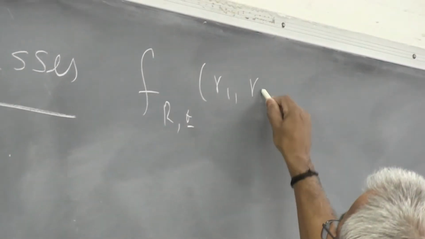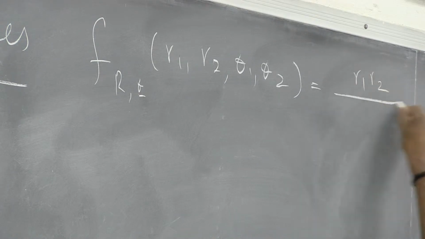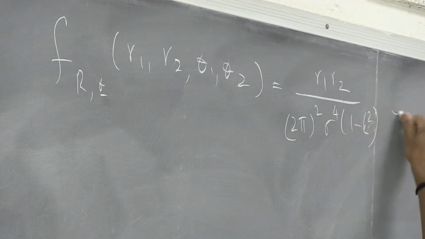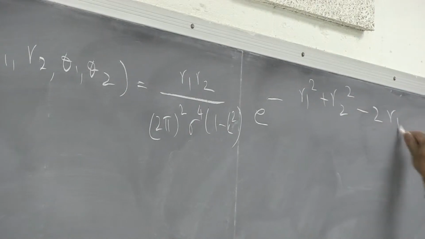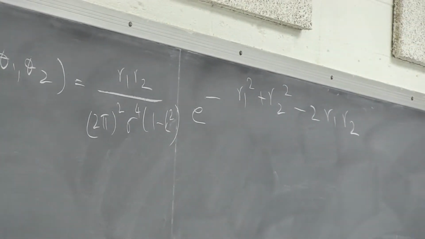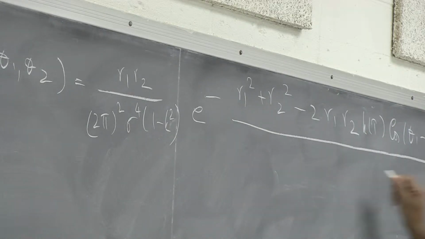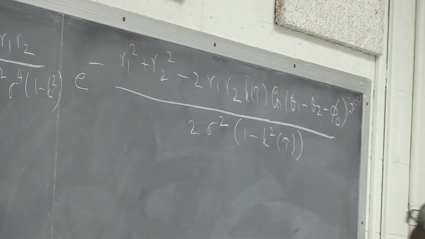So we get, in this fashion, the density of r1, r2, theta 1, theta 2 to be r1 r2, and so on.